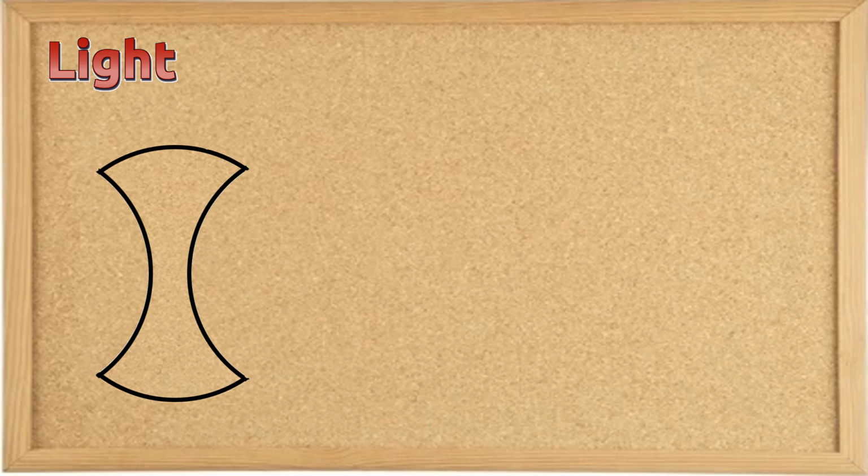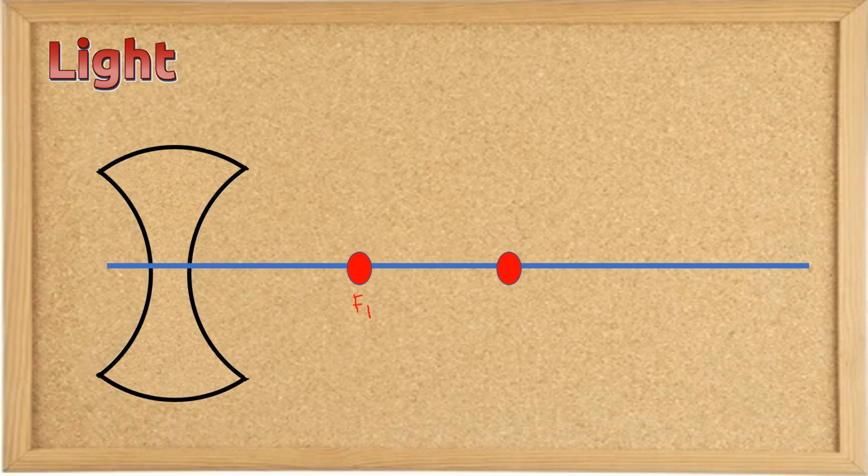Just like with your convex lens, it also has its own F1 and F2 focal points, and it also has its own principal axis. So it's basically almost the same. It's only the shape that is different.